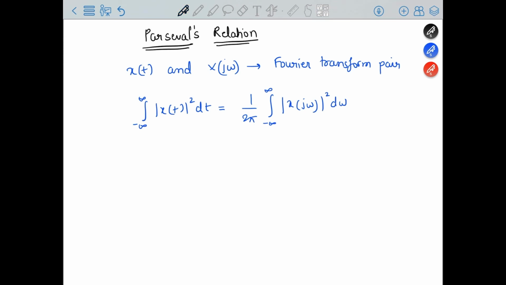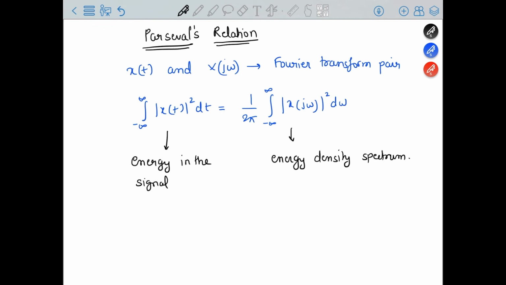So here this quantity on the left hand side denotes the energy in the signal, and the quantity on the right describes the energy density spectrum. So this describes the relationship of the Parseval's theorem.